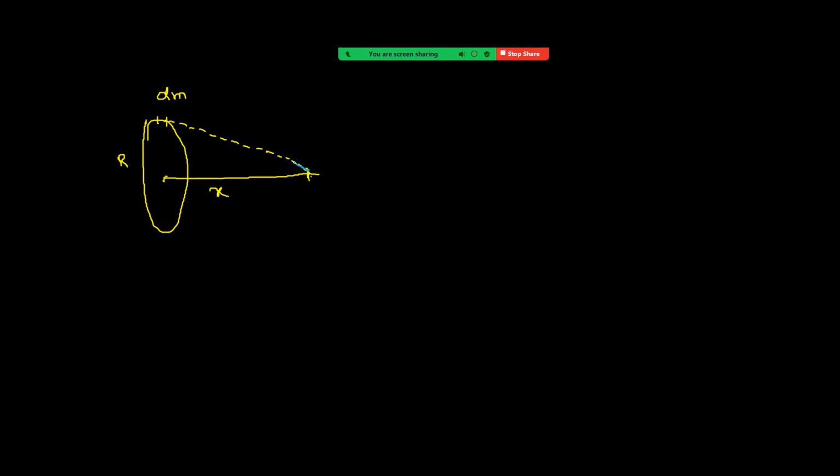So I'm showing here it is like this. Take it as dg because of that small element, and that value dg is equal to g m1, that is 1, m2, that is now dm, by r square plus x square, distance being the square root of r square plus x square.